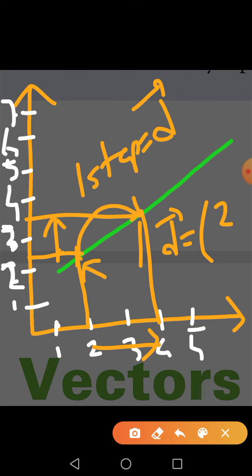So in one step you have moved 1 unit along the y axis. So the vector of your one step is d equals 2, 1. This d is the vector for one step, and in mathematics it is also called the direction vector.